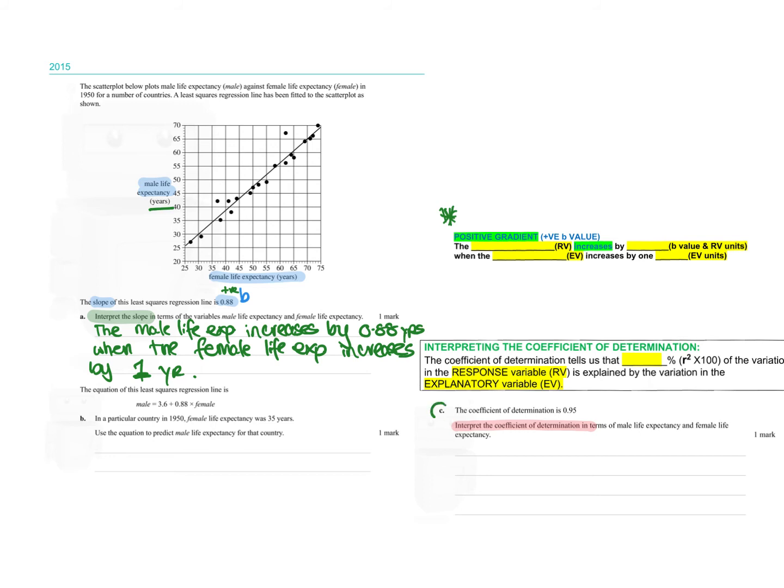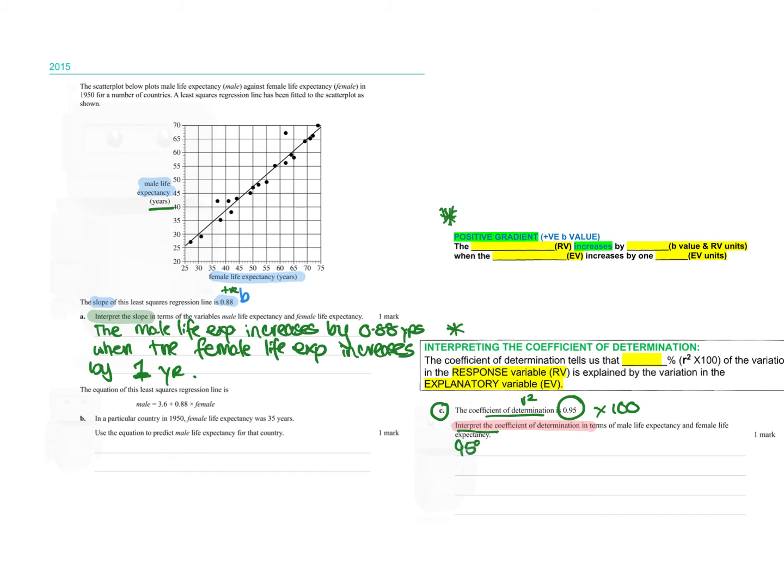Down in here, I'm just going to jump to C while I'm here. It says interpret the coefficient of determination. So once again in your notes, you'd have that. We can say that, now this is already R squared, so we just have to times it by 100.